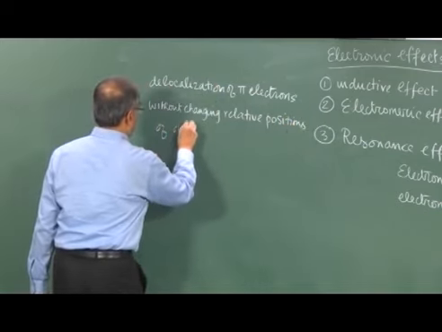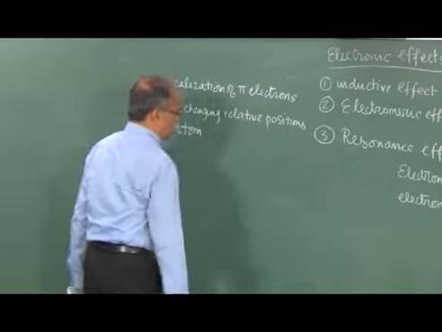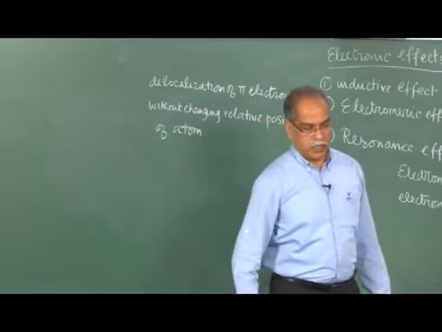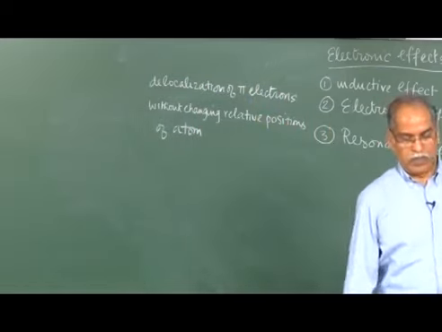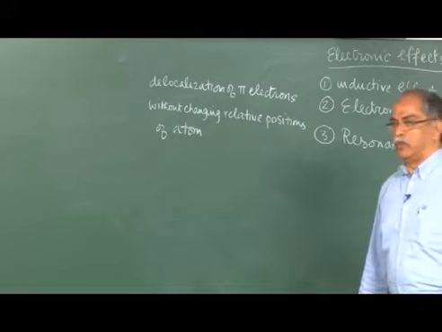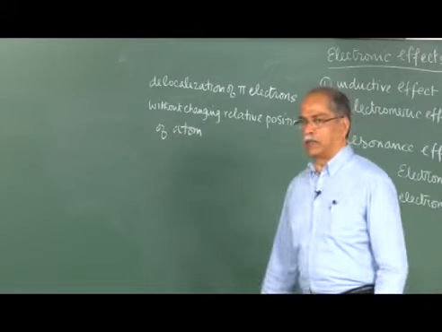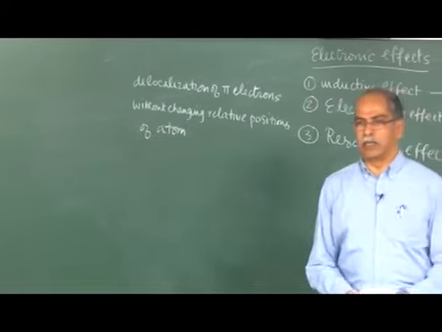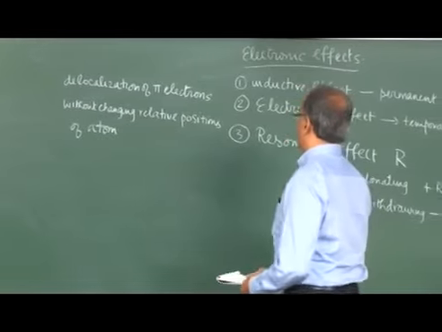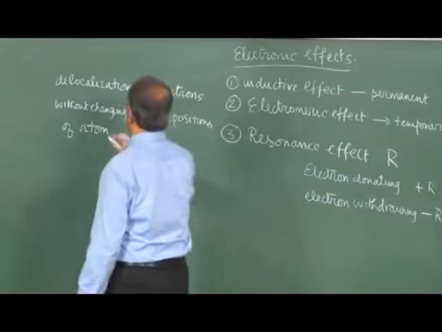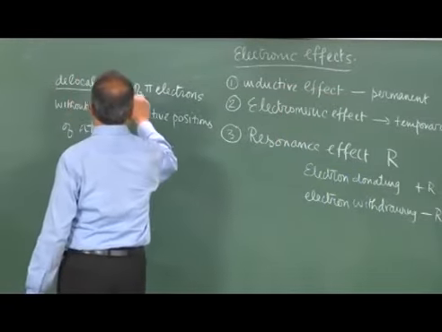In other words, you are not allowed to move the atoms around, the atoms stay in the same place, whereas the electrons can move from one position to another position. In other words, you can delocalize the electron density around the molecule. So, this is a very important concept, namely delocalization of electron.